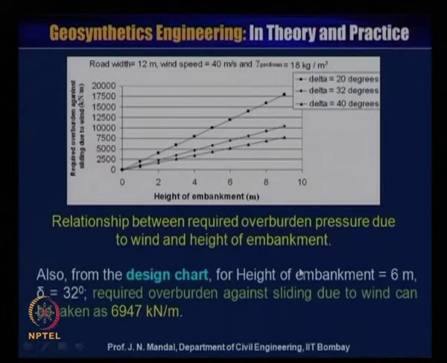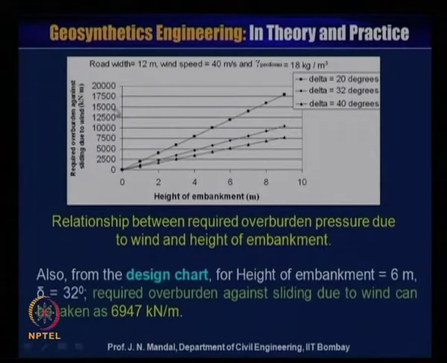Here, this figure shows the relationship between the required overburden pressure due to wind and the height of the embankment. Here the road width is about 12 meter, the wind speed is 40 meter per second, and the gamma geofoam is 18 kg per meter cube.